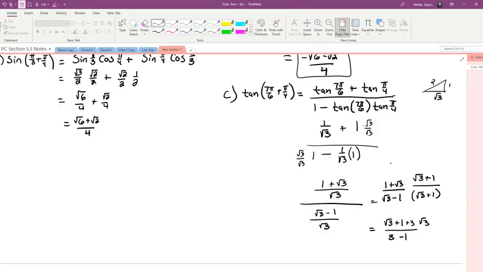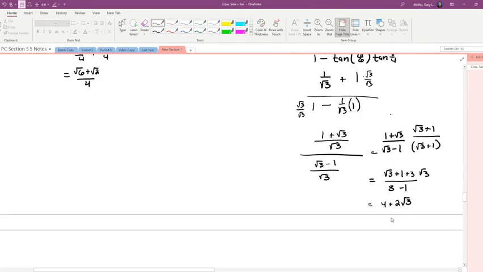Something feels off about it for some reason. I'm just going to double check my math. Root 3 and a 1. Yep, looks good. So I get 4 plus 2 root 3 over 2. So the answer would be 2 plus root 3.